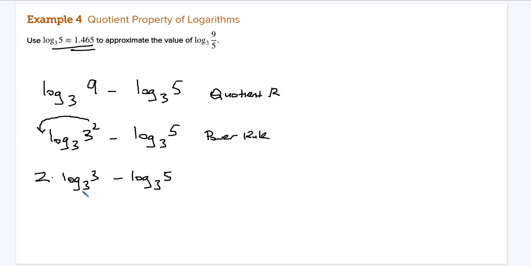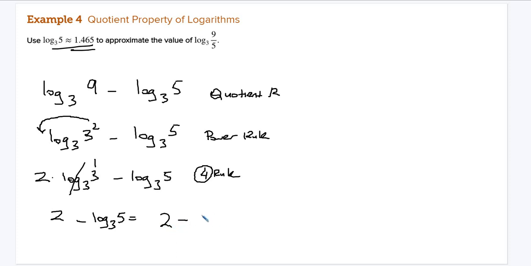And now we have log 3 of 3. Remember what we had for this one, it is a 1. So this will turn into a 2 times 1. So that's a 2. 2 minus log 3 of 5 will be what we are looking for. So maybe I can say rule 4 here. So now we'll just do the math.